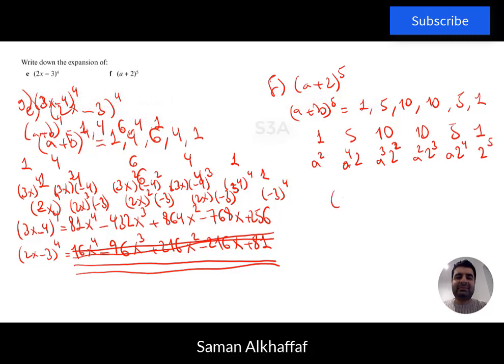So for us to express this, we have (a + 2) to the power 5 being equivalent to 1a to the power 5, plus 5 multiplied by 2, so that will give us 10a to the power 4, plus 10 multiplied by 2 squared, so that would give us 40a cubed, plus 2 cubed, which is 8, multiplied by 10, so that will be 80a squared, plus 80a, plus 32.